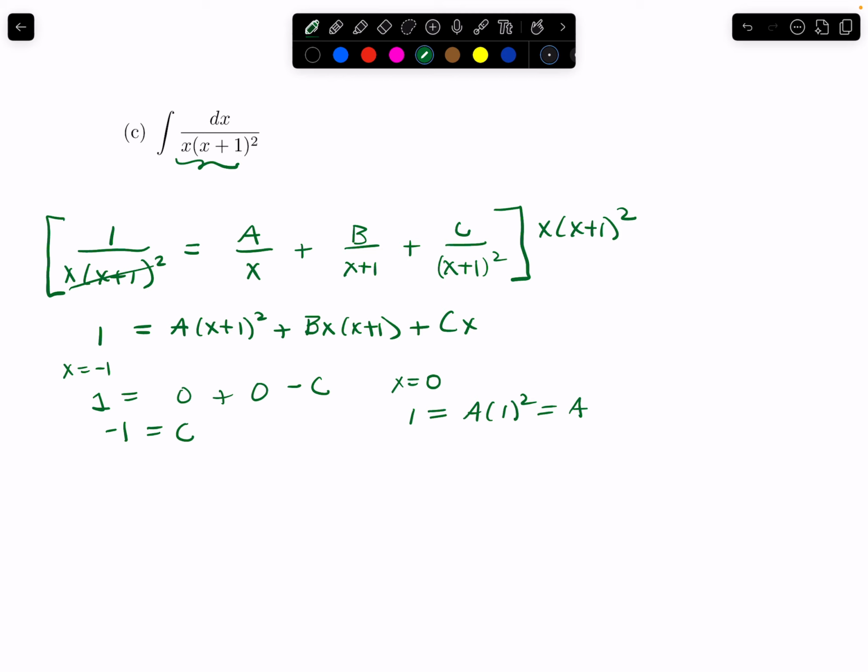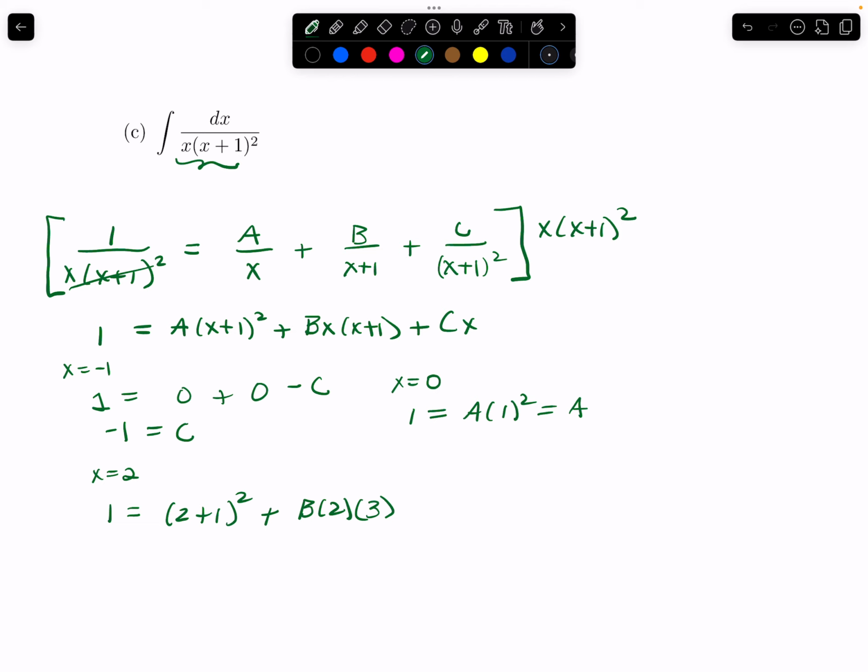Now, we don't have a way to zero out to find B, but we can plug in any value for x, and we know now A and C. So let's say x is equal to 2. Well, the left stays 1, this equals, A we already know is 1, so we don't have to write A, and we put in (2 + 1) squared, plus B times (2 + 1), which is 3.